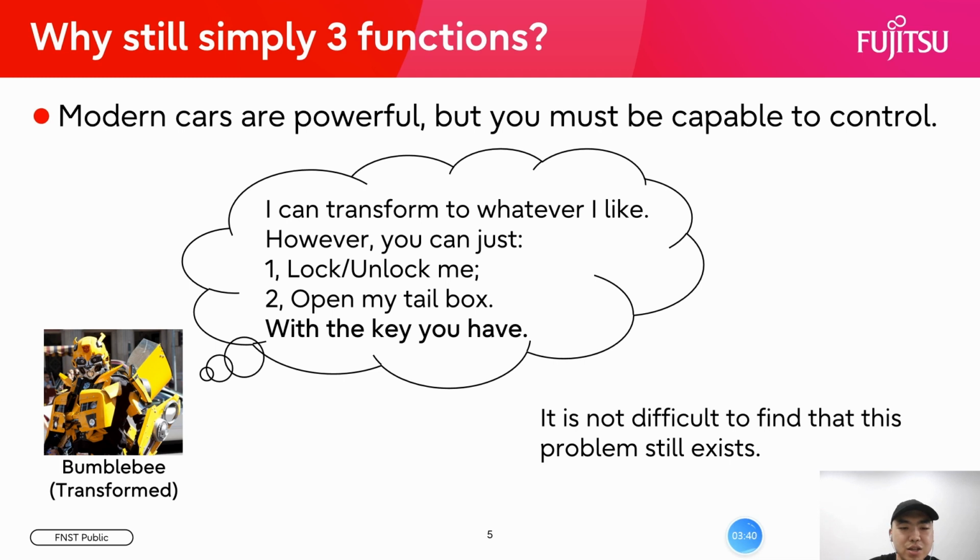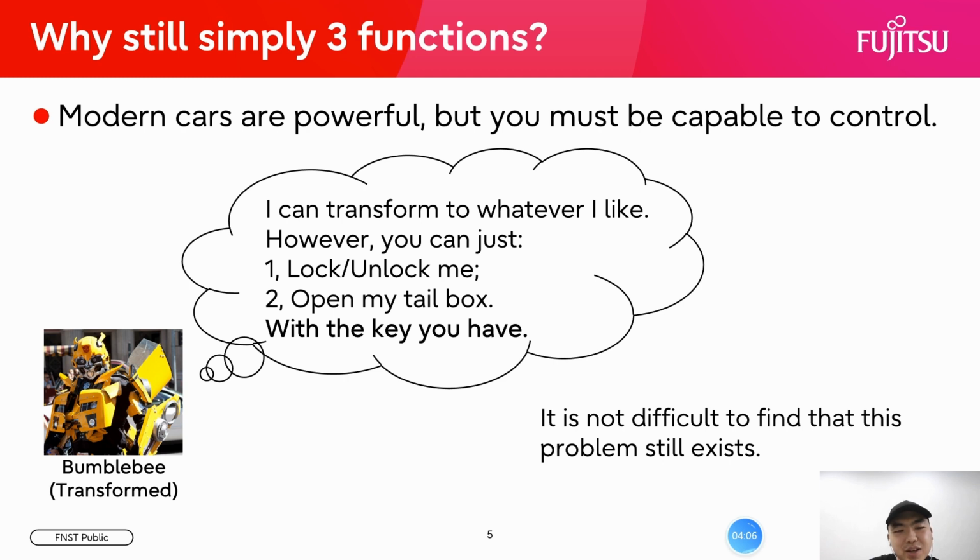They nearly can transform, but you need at least to be able to control them with the key you have. I know that the Bumblebee can be transformed, but when its owner can only control it through a simple key, like lock and unlock the Bumblebee, open the Bumblebee's tailbox, I think Bumblebee is going to be aggressive.